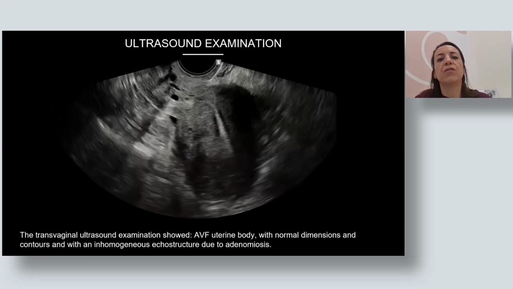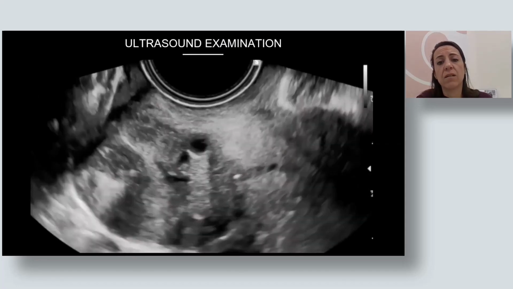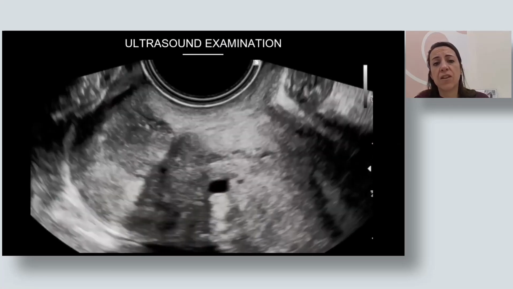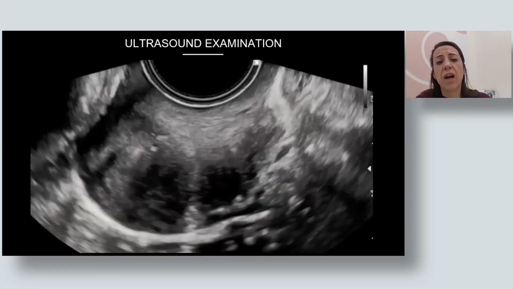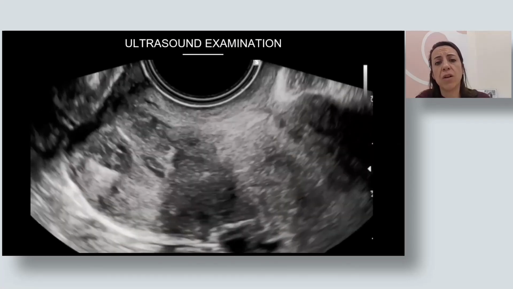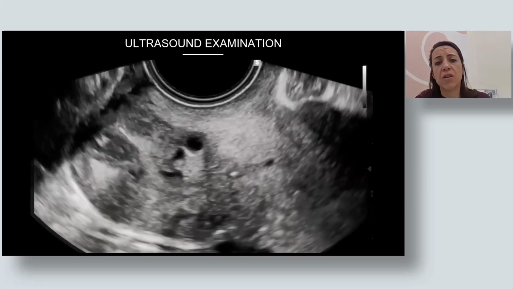What do you think about this cervix? We can visualize the cervix very well in this section, but using the zoom, we can assess the cervix, and also we can visualize a small lesion in the anterior and the posterior lip.